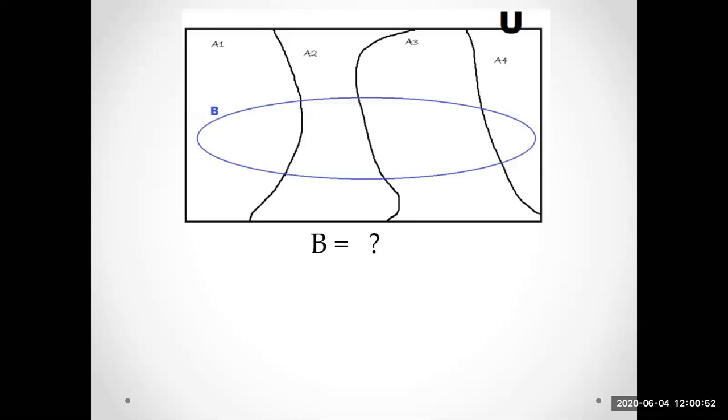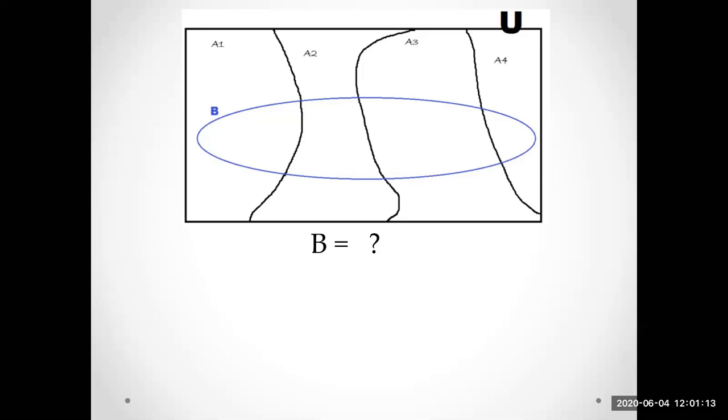Can we write B as something? Can we rewrite B some other way? Is it A1 intersect A2, intersect A3, and intersect A4?